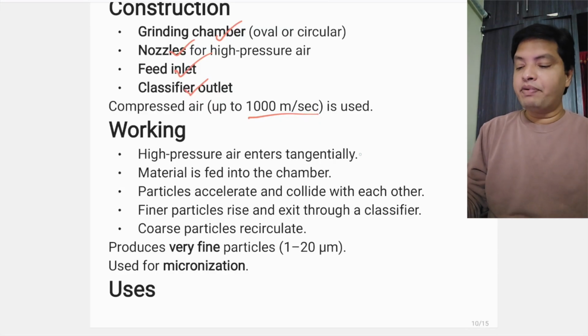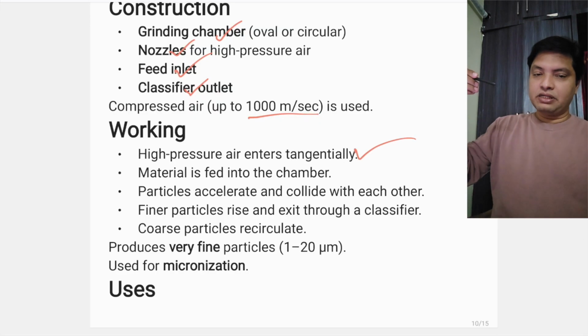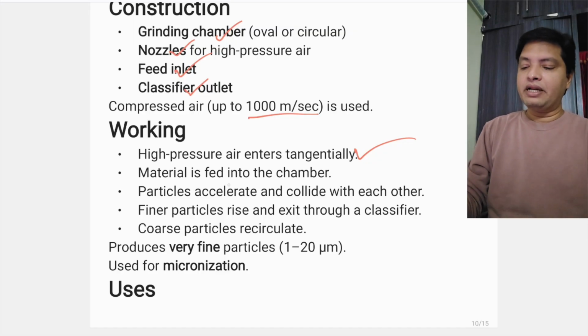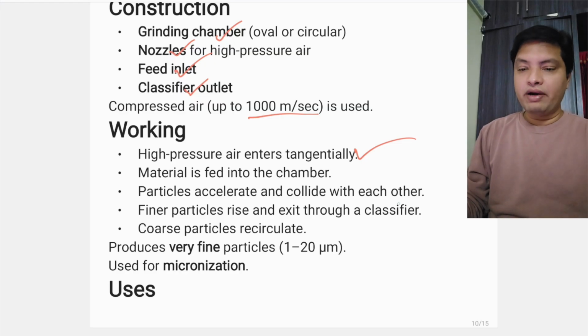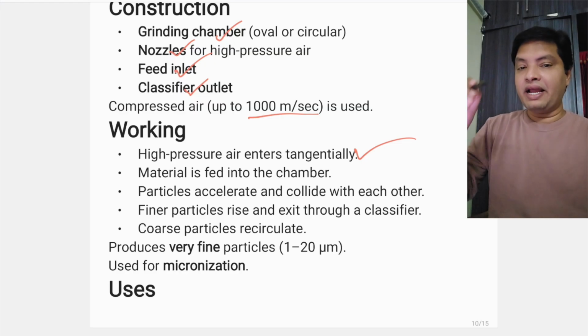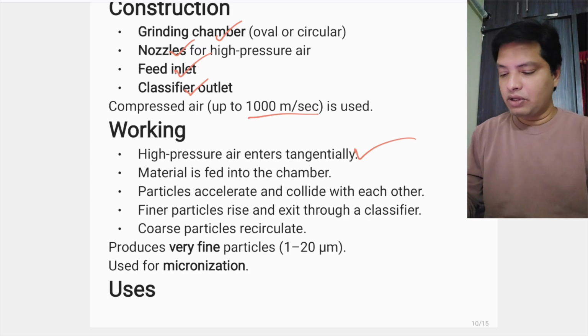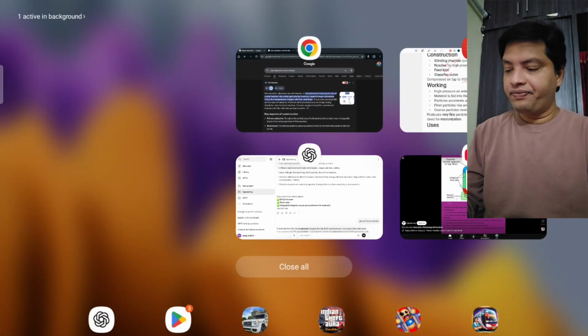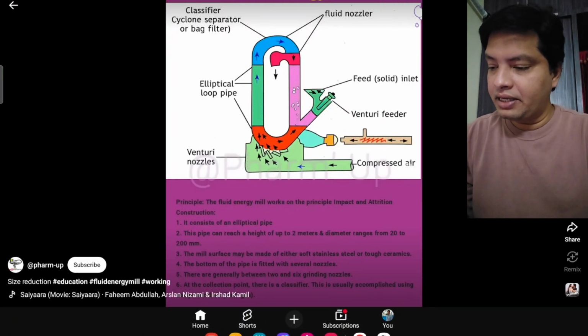Working: high pressure air enters tangentially. We just saw the high pressure air entering from here. Material is fed into the chamber. Then particles accelerate and collide with each other. The fine particles will rise and come out through the exit. I will show you once again. What is happening here? Compressed air is sent from this side.